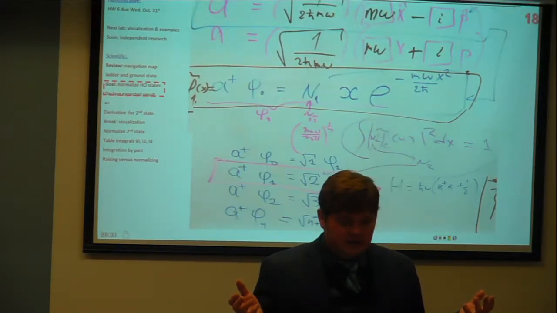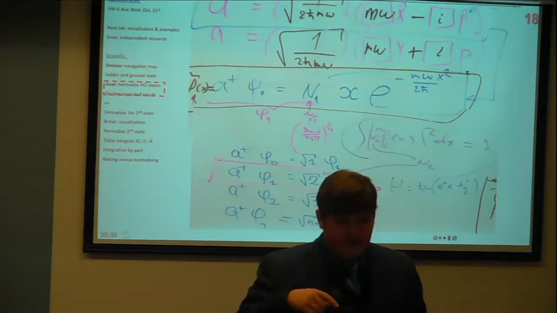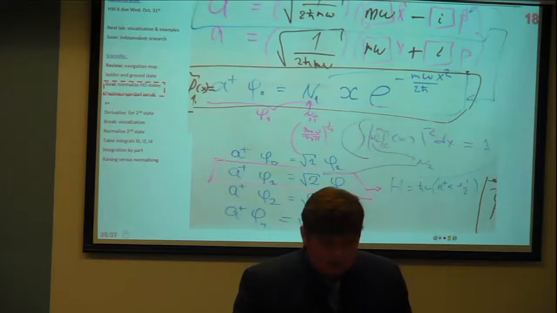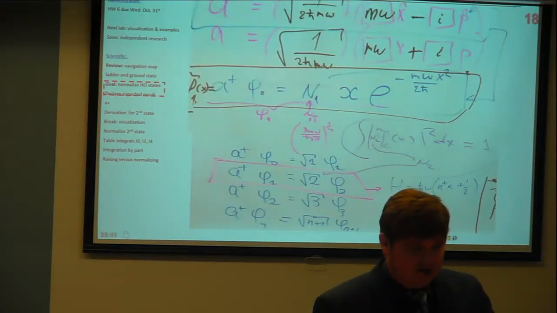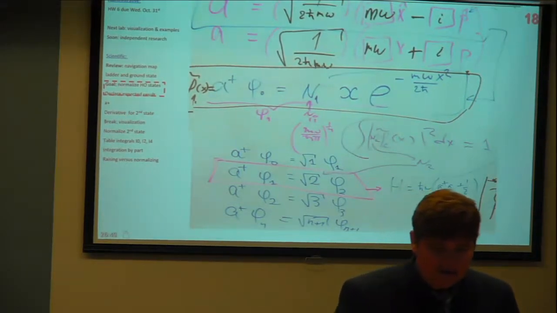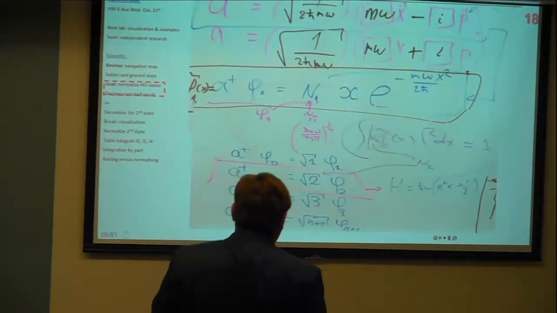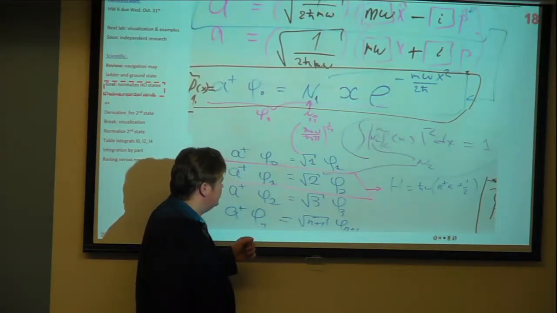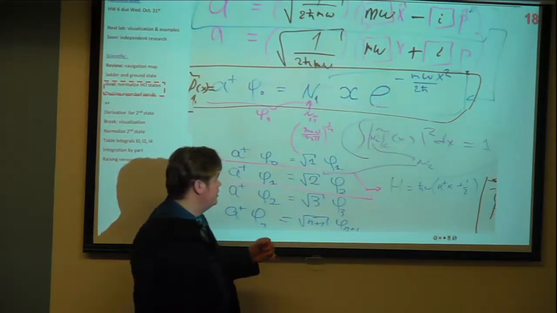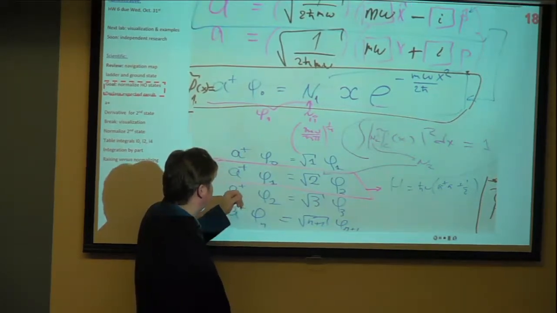So the answer is that the normalization of all of the excited states and the result of application of the raising operator, creation, ladder up operator, differ by a specific factor. And to some extent it will be the main outcome of today's meeting, if everything goes successfully.